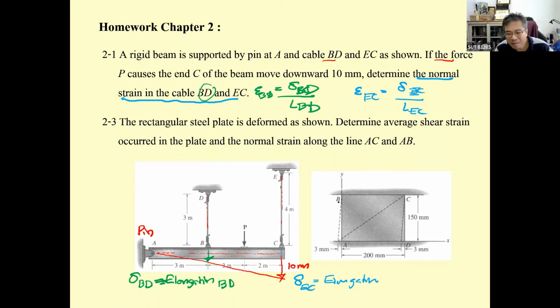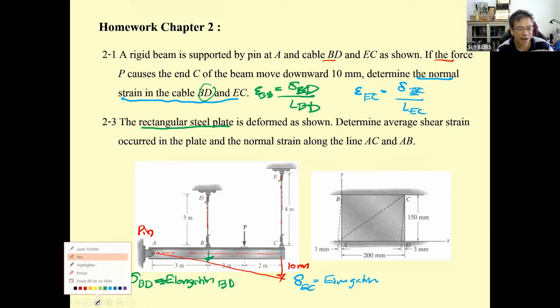And the second one, the steel plate, A, B, C, D. That's when it starts. This steel plate is rectangular, and has the normal angle over here.